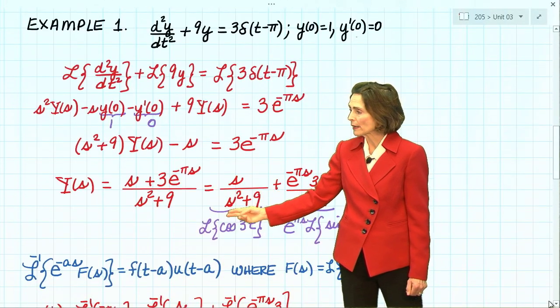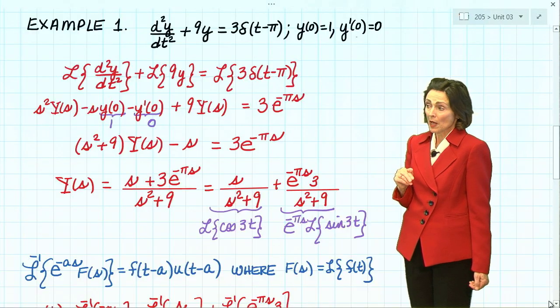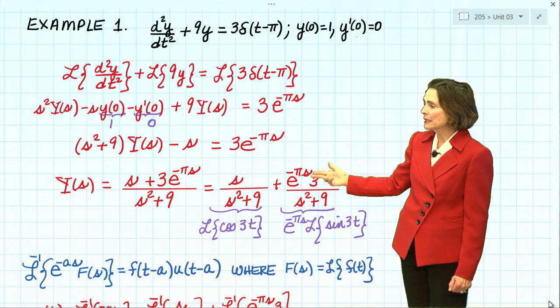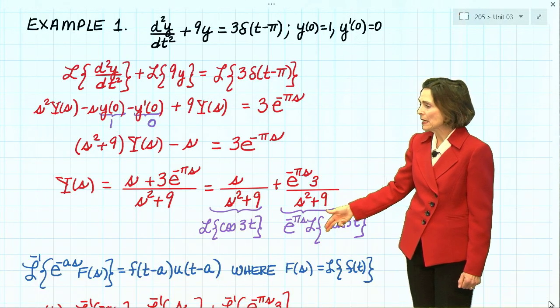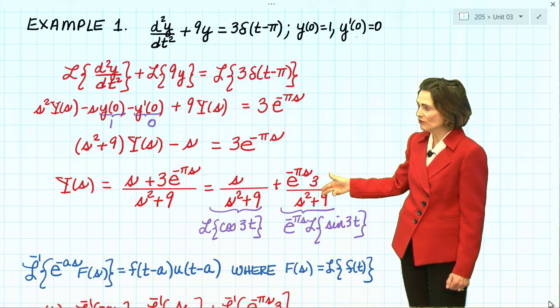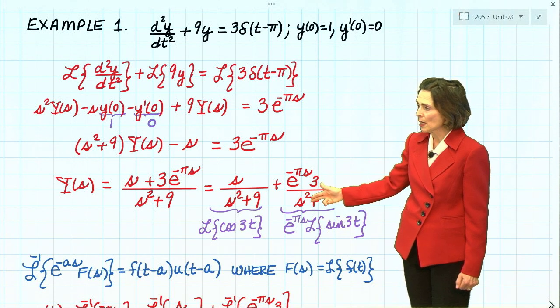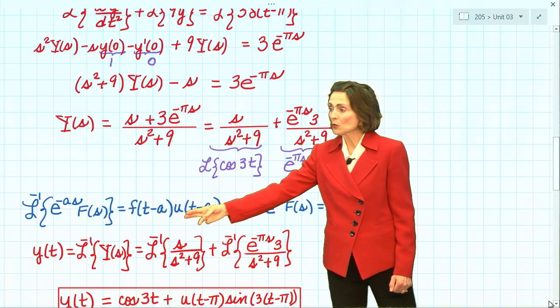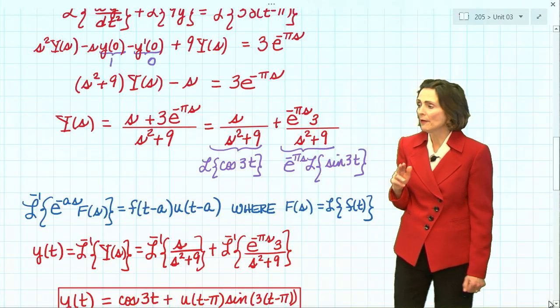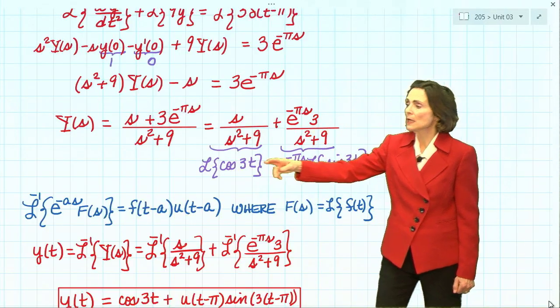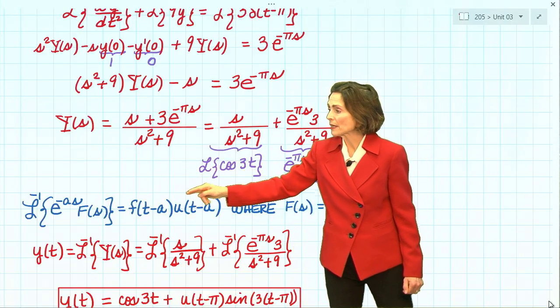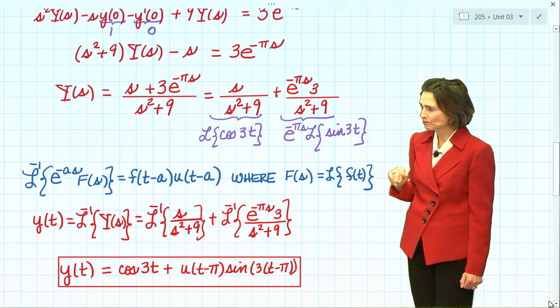We're going to break that up into these two pieces. This one we read directly out of the table. That's the Laplace transform of cosine of 3t. This one is e to the minus pi s times the Laplace transform of sine 3t, which is 3 over s squared plus 3 squared. So I can use this formula that we have, the inverse Laplace of e to the minus as, capital F at s, is f at t minus a, u of t minus a.